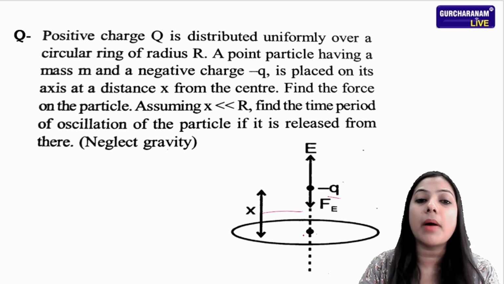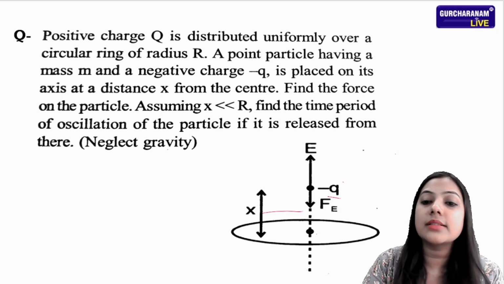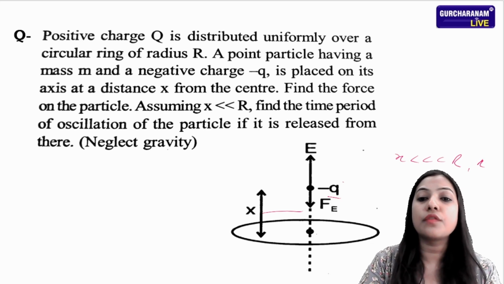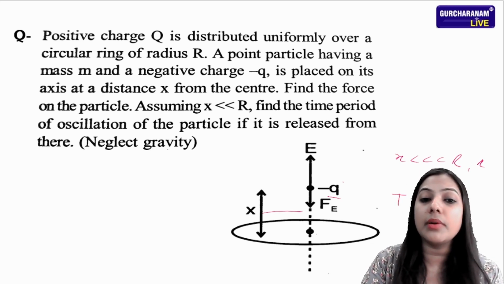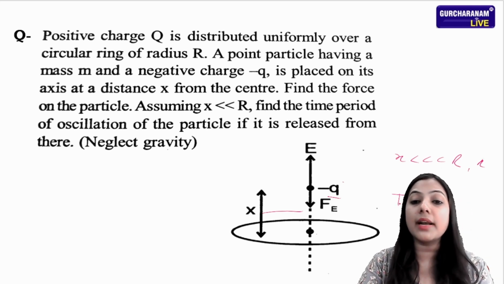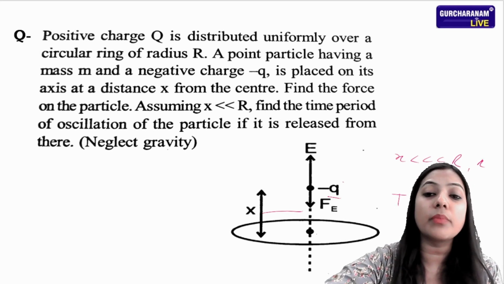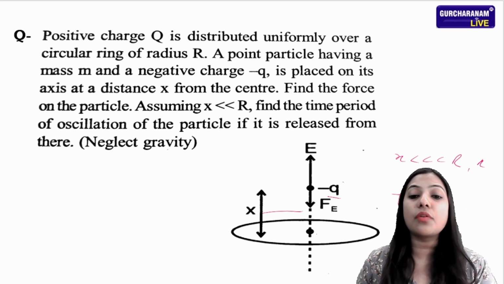Find the force on the particle, assuming x is very small compared to R. Then find the time period of oscillation of the particle if it is released from there.